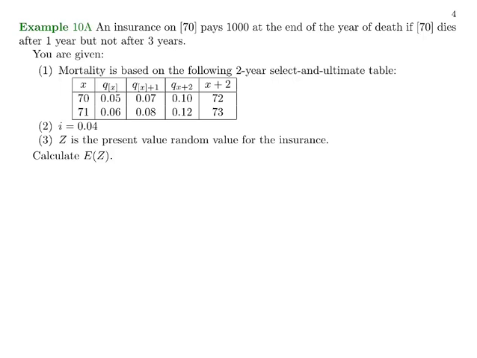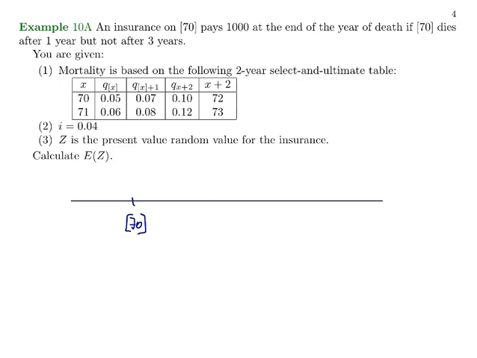Okay, so here's a quick example to illustrate some of these ideas. You're given this mortality table about probabilities of death for this insured person who is selected at age 70. We draw a timeline here. Right now he's 70 years old.